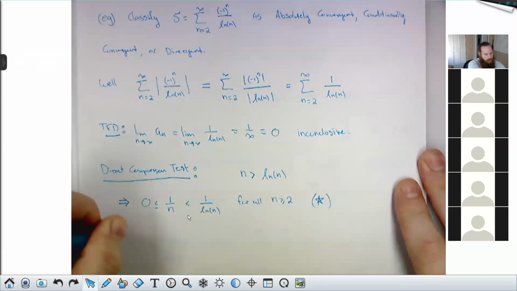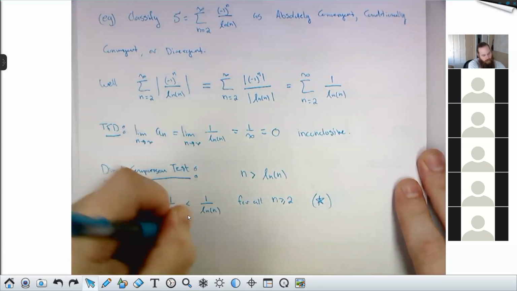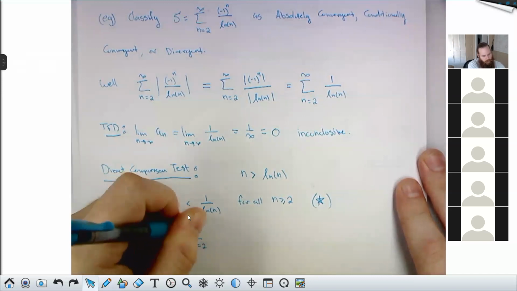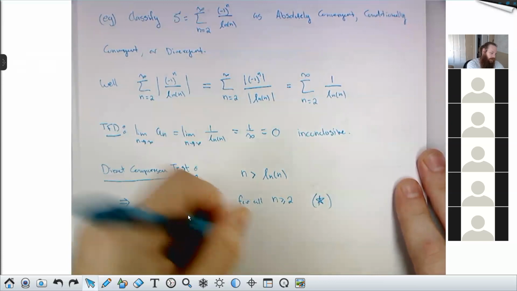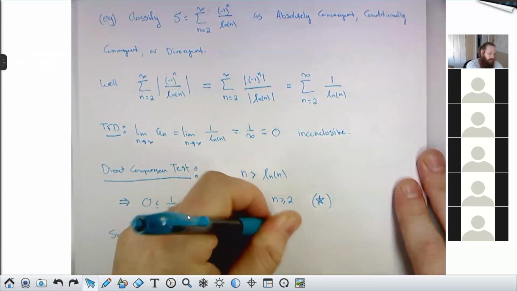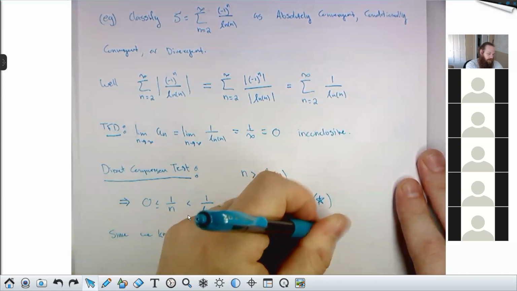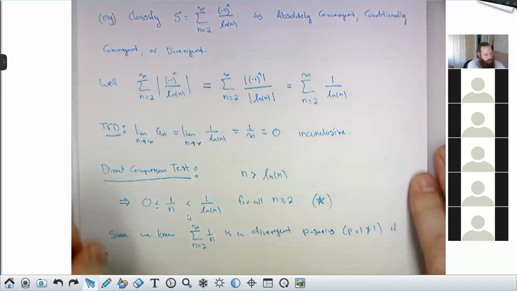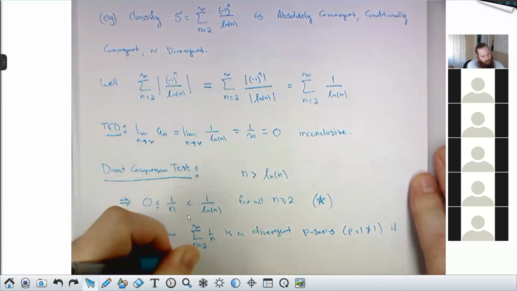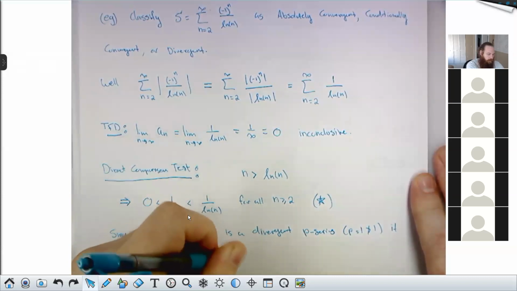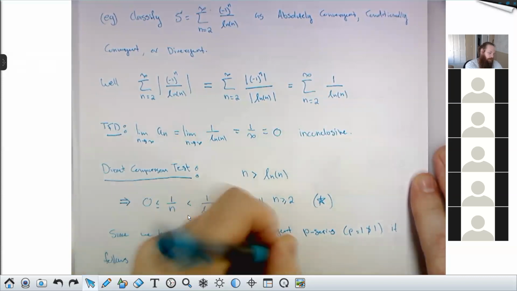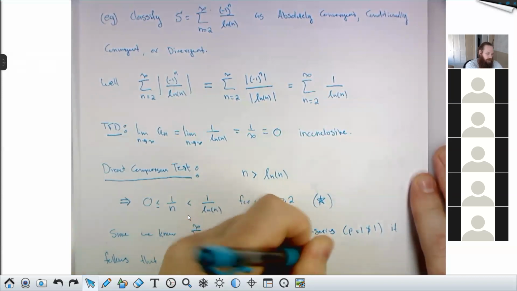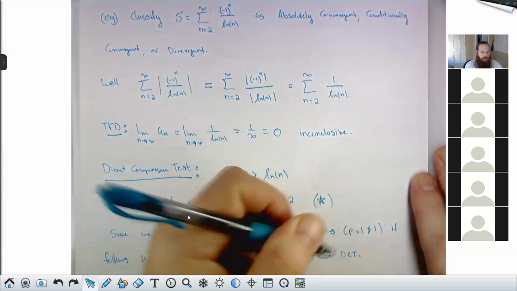And since we know that the sum from n equals 2 to infinity of 1 over n is a divergent p-series, here p is equal to 1, which is not strictly bigger than 1, it follows that the sum of 1 over the natural log of n from 2 to infinity diverges also by star and the direct comparison test.